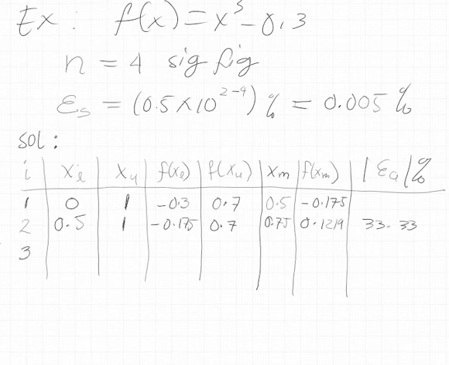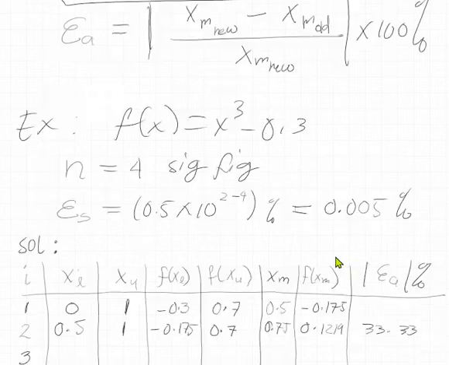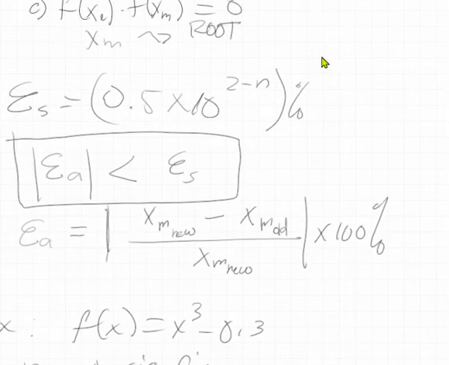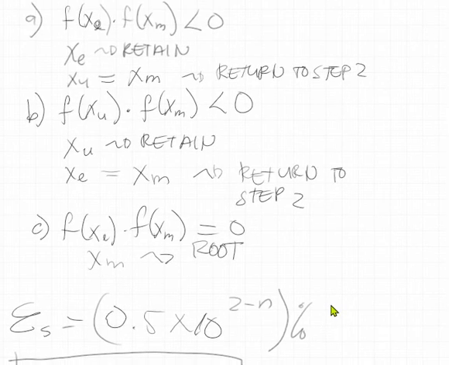And for the next part, the third iteration. So what will be our lower and upper limits or values of the intervals? So first we check the cases again. F of xm, we multiply it first with the lower. If it's negative, then we retain xl.